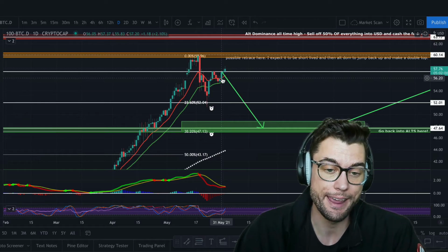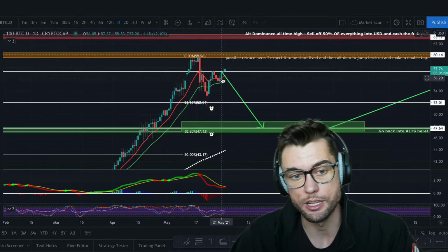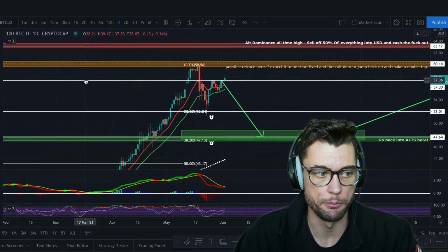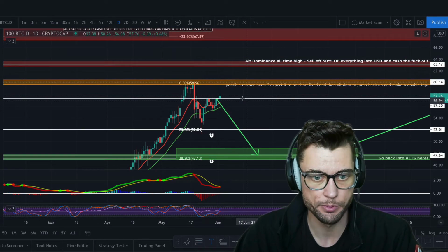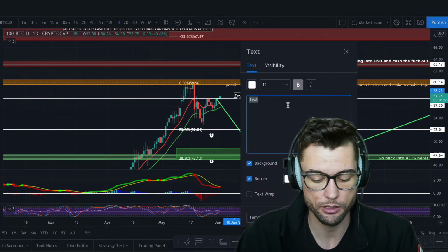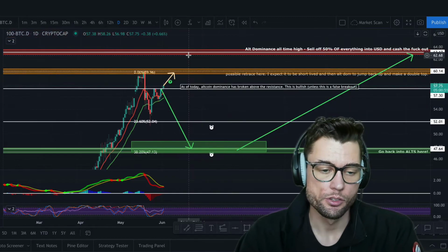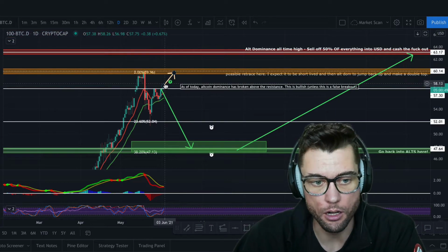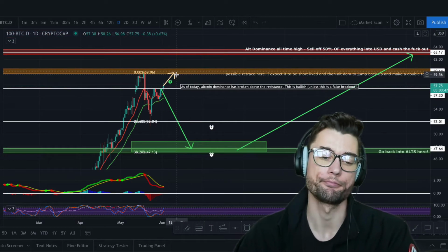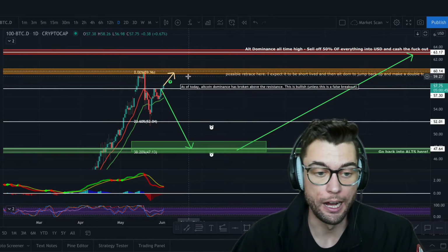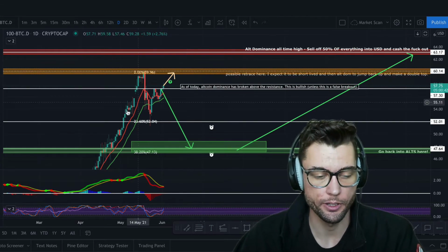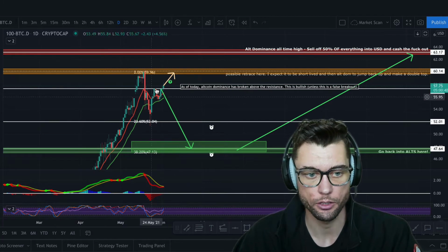But as of right now, altcoin dominance is starting to move up. So I'll just put this in the text right here. So are we going to see it come back up? It's possible. I mean, yeah, it's definitely possible that we have a nice little rally for altcoins now.